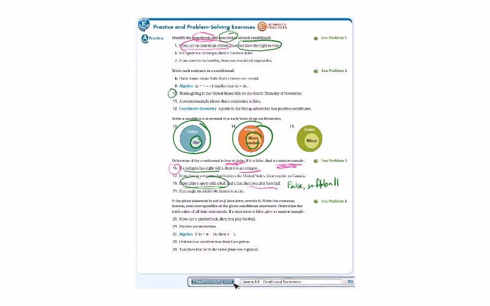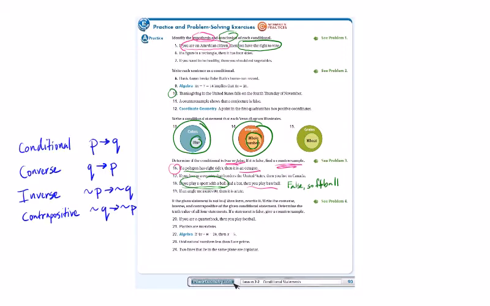Then we also have our related conditional statements. If our original conditional is if P then Q, then the converse would swap those: if Q then P. The inverse keeps the same order, P and Q, but negates each of them: if not P, then not Q. The contrapositive does both.